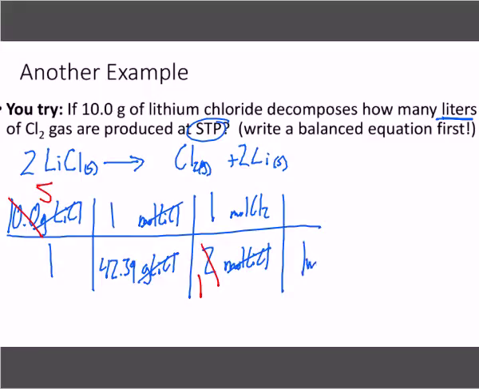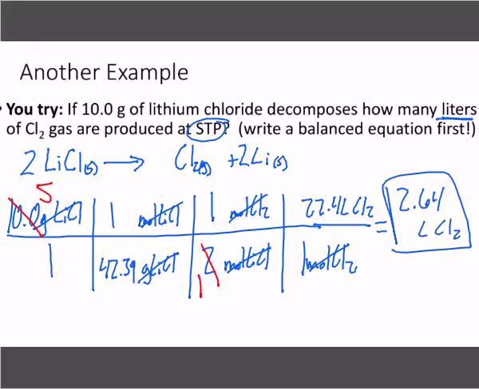We have moles of Cl2, but are we trying to go to grams or are we trying to go to liters? So it's going to be 22.4 liters of chlorine on the top. Since we're at STP, we'll go ahead and do that. Our final answer you should get is 2 point what? That doesn't seem right. 5.4 liters of chlorine. Questions?